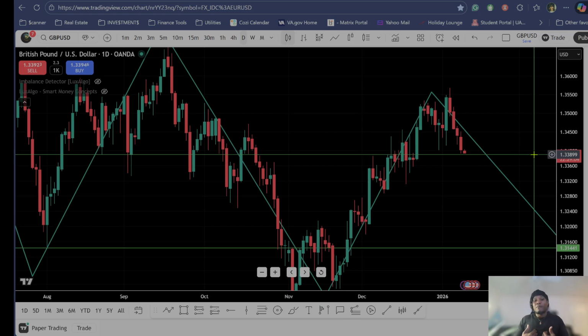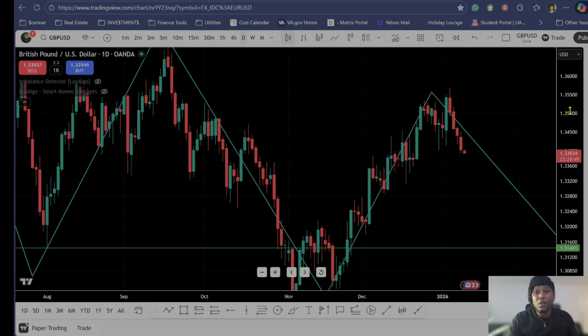Me personally, I like to look for my key areas. And for my key areas, I use two indicators. You can find these indicators right up here. It says indicators, metrics, and strategies. I can't pronounce those, you know what I'm saying?